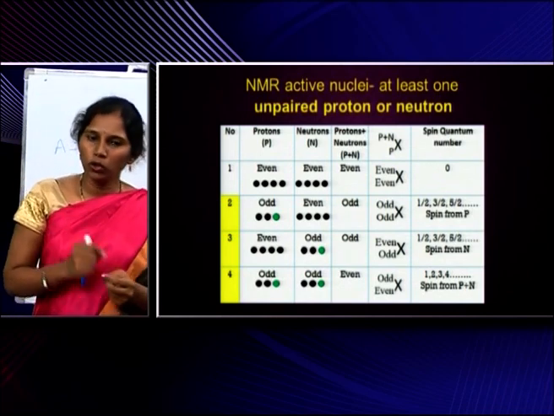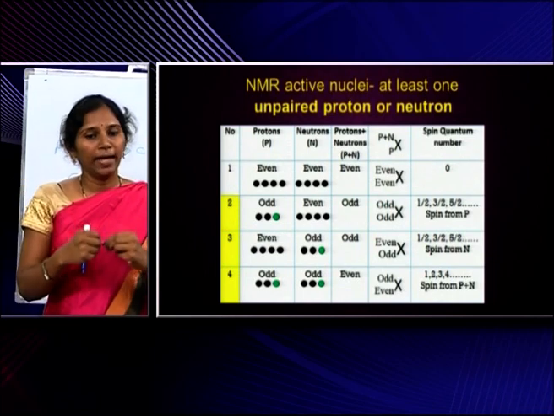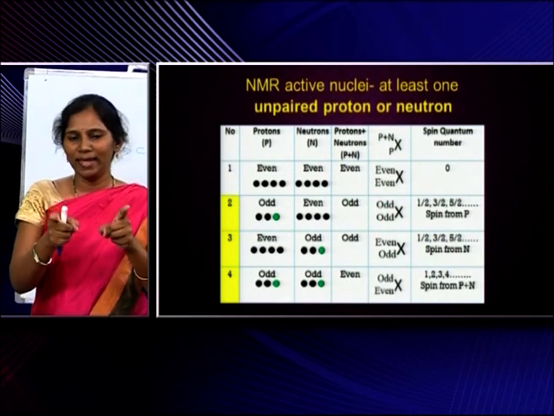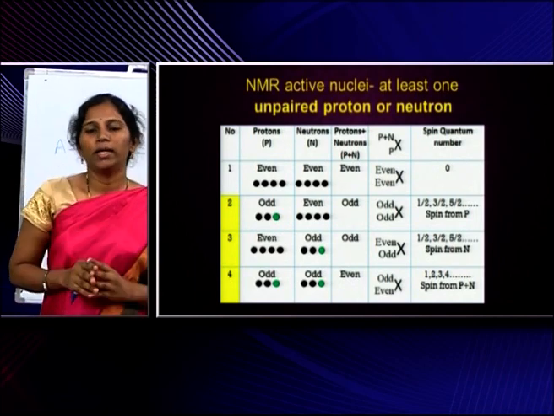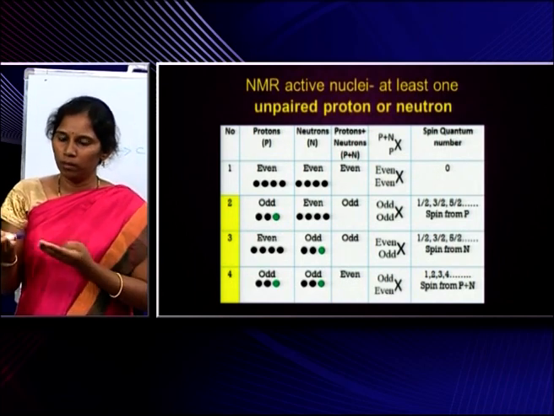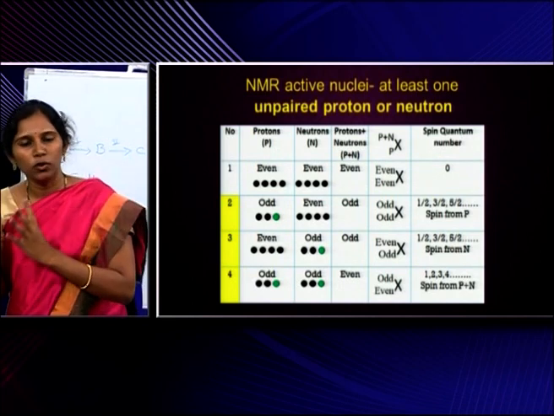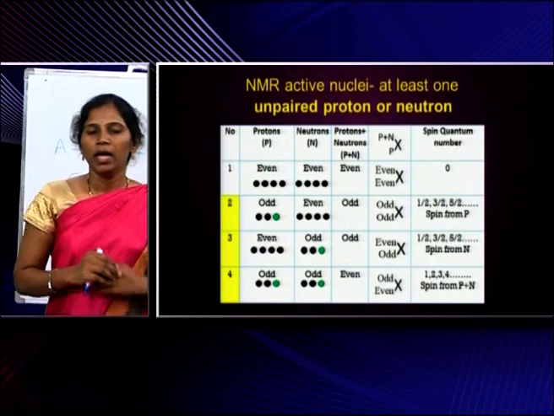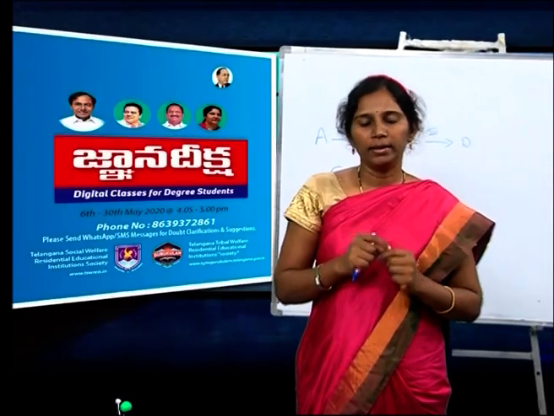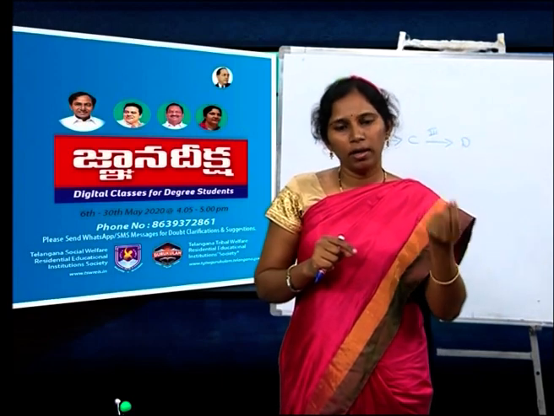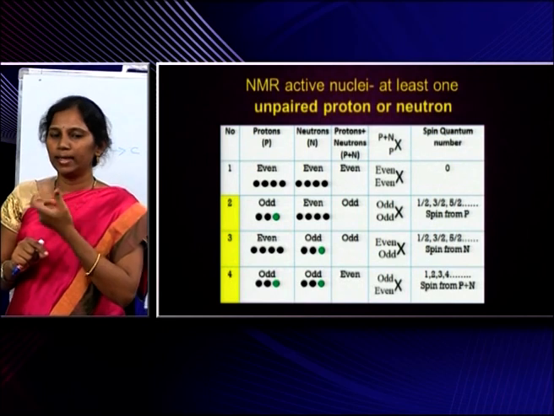Here, even though the neutron does not have any net charge, it has positive and negative charges within it, that is, it is a dipole, and because of the movement of the dipole we get a resultant spin, thereby it is NMR active, that is, it produces a magnetic field around it. If we take case 4, the odd-odd combination is there, in that both an odd number of unpaired protons and unpaired neutrons exist, by which we get an integral spin.